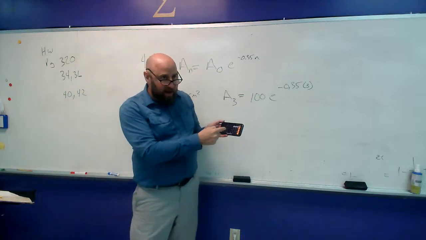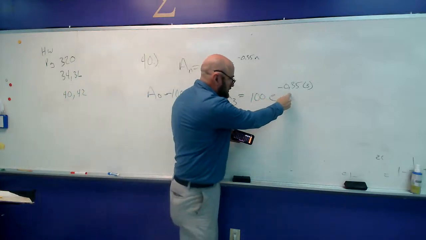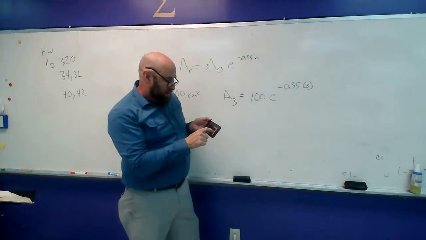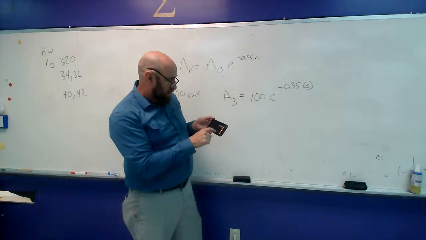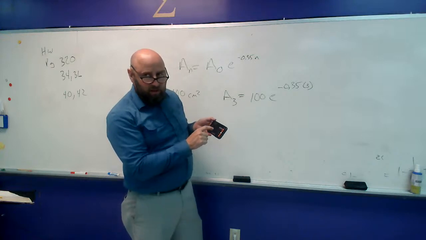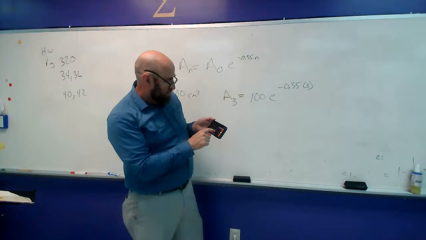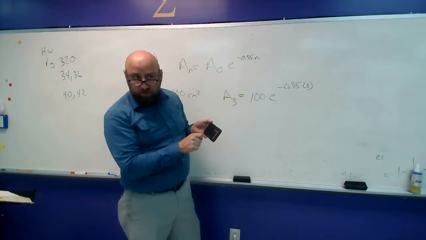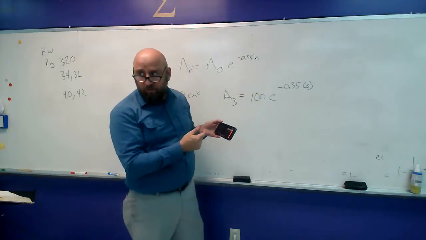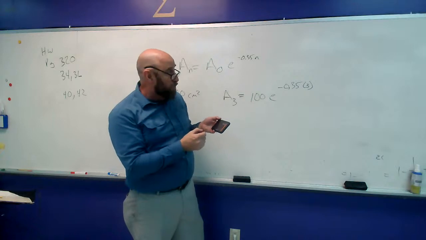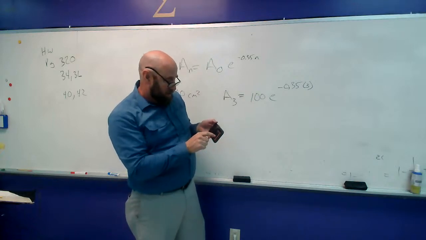But in my case, I've got to type in this value first. So it's going to be negative 0.35 times 3 is 1.15, right? Maybe. You're the one with the calculator. Oh, I did that in my head. What's that? 1.05. 1.05, thank you. All clear, negative 1.05. I did it wrong, see?